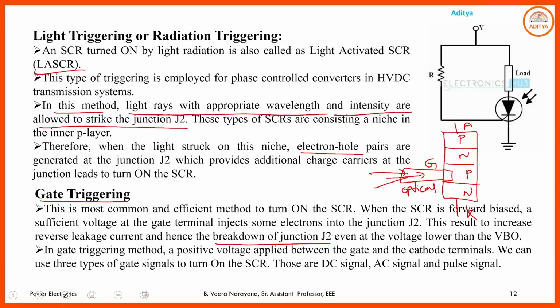We can use 3 types of gate signals to turn on the SCR: DC signal, AC signal and pulse signal. If you provide the reverse leakage current at the junction J2, it will break down below the forward breakover voltage.